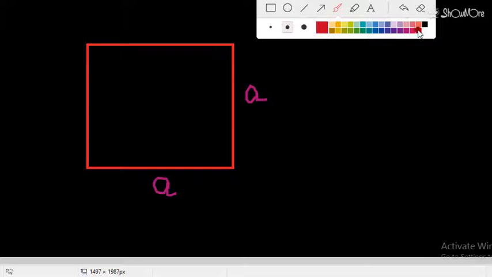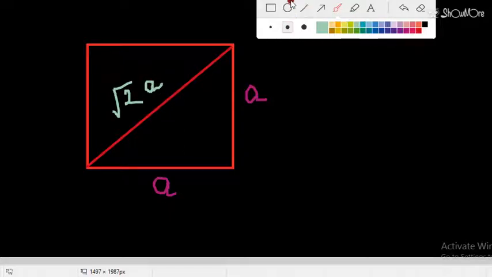So this length will be a square plus a square, which is 2a square. When we use the Pythagoras theorem, this diagonal length will be equal to under root 2a.